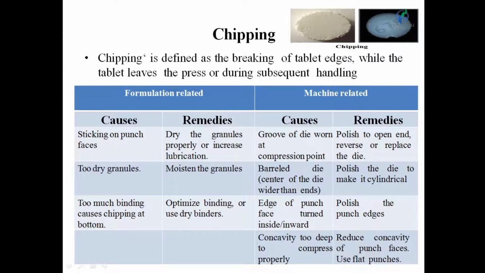Next is edges of punch faces turned inward. So the solution is to polish the punch edges properly to prevent chipping. Last reason, concavity too deep to compress properly. So what are the remedies? Reduce the concavity of the punch faces and use a flat punch to avoid chipping related problems.